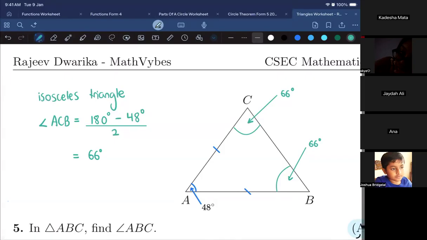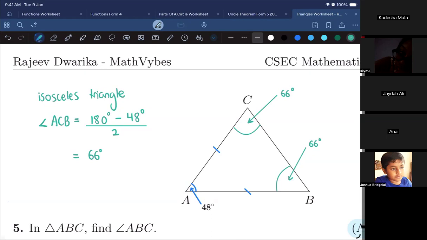If it has the two signs there, would that just mean that they're equal, because 66 there and 66 there? And also what doesn't make sense is that A is not even the top angle. C is. Now, A is the top angle.